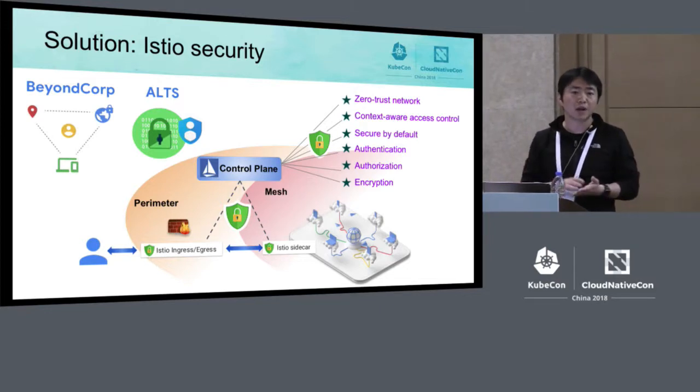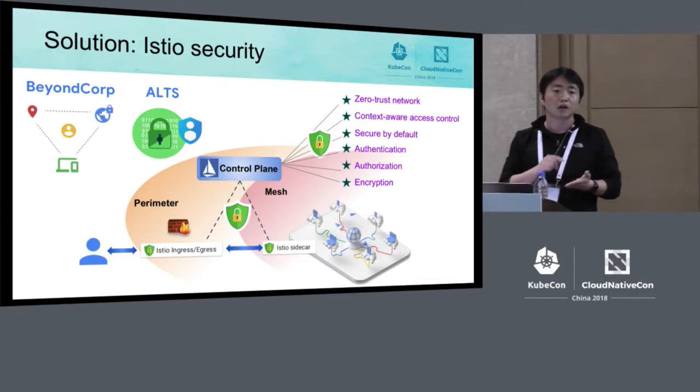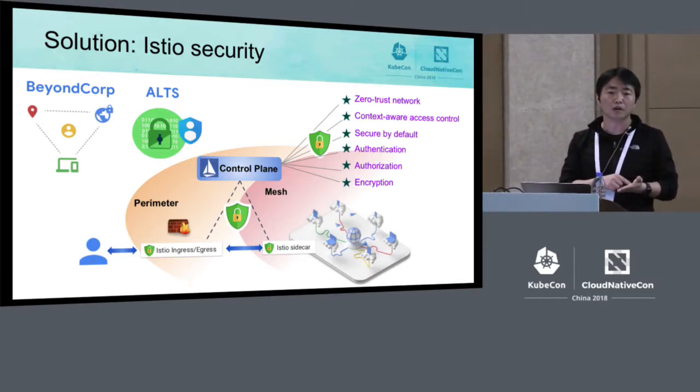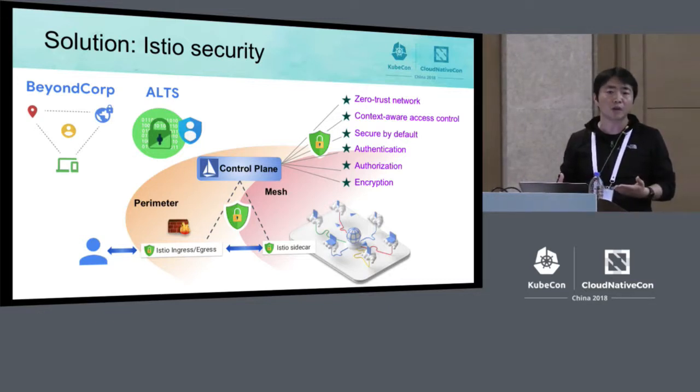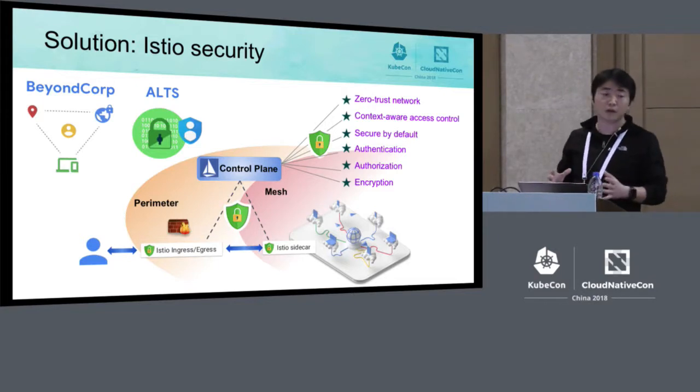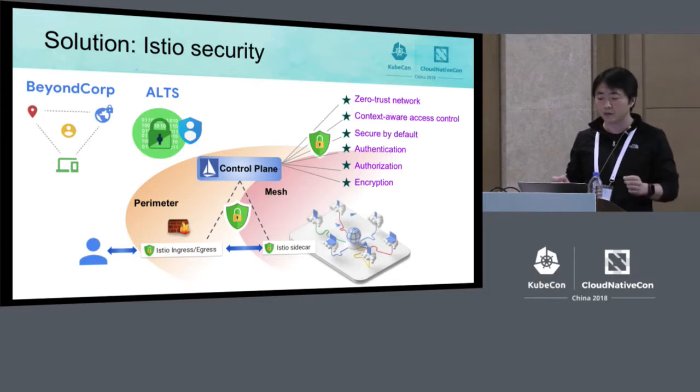The context may include identities, connection state, for example whether the connection is encrypted or not, and request attributes, for example where the request is from, where the peer service is, and who the caller is. Based on this comprehensive context information, Istio is secure by default.